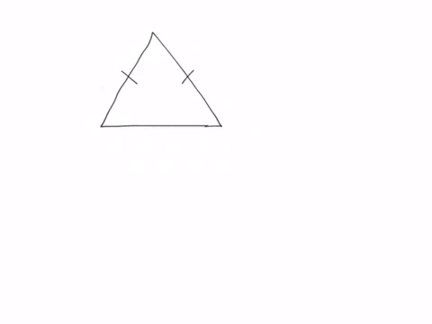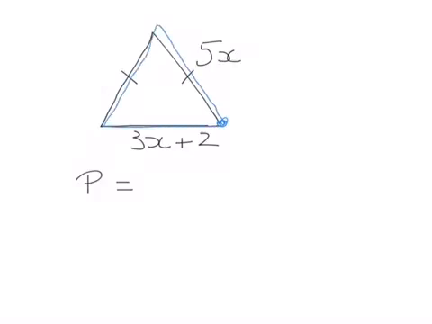We can also bring in algebra into perimeter, because if I have a shape like this, an isosceles triangle, if this side is 5x and this side is 3x plus 2, and I ask you what the perimeter is. Once again, it's the distance around the outside. If I start at this point, I have to add that side with that side and that side. So starting there, going up the side, that one is 5x. Coming down the other side, there's no measurement, but because of those lines, we know that it is also 5x.